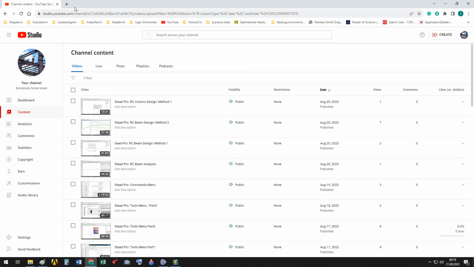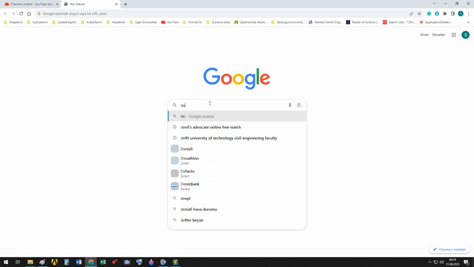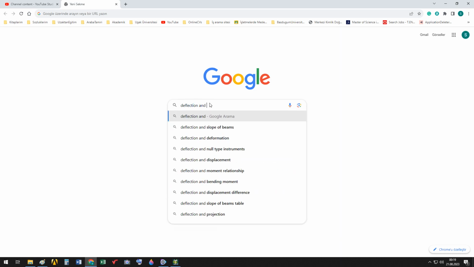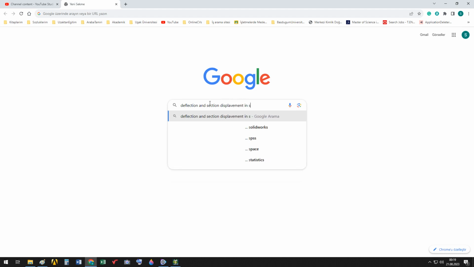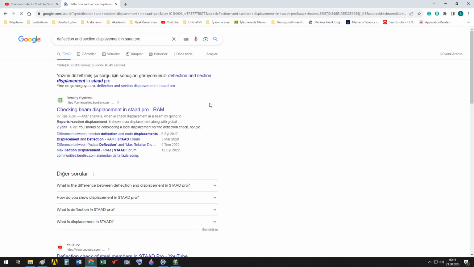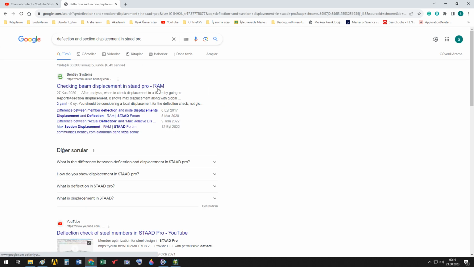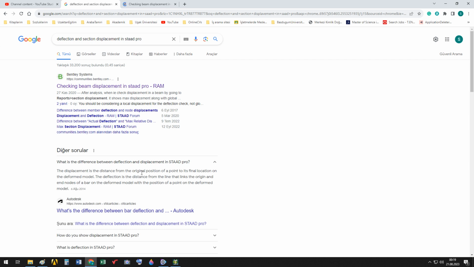Can I learn the difference between deflection and displacement?